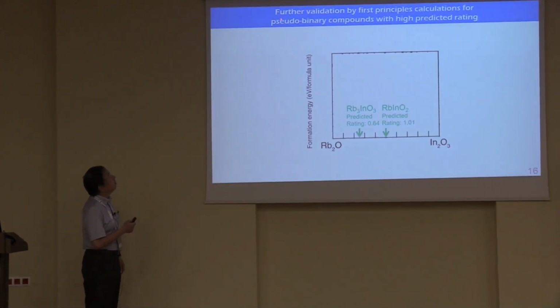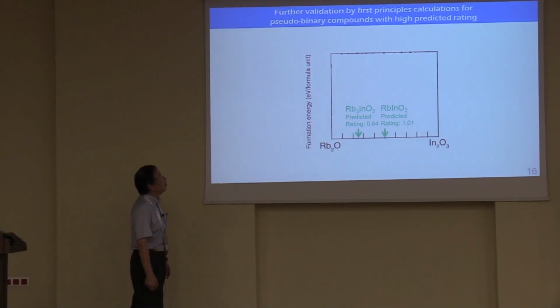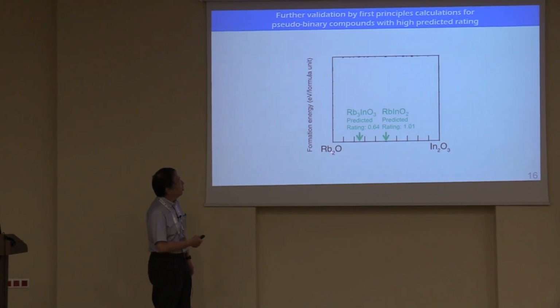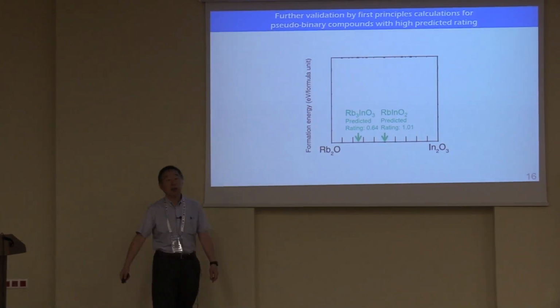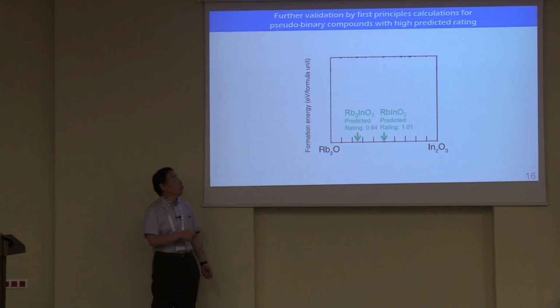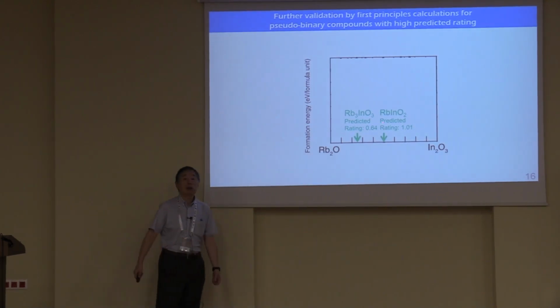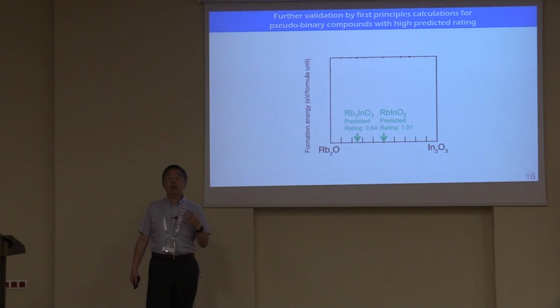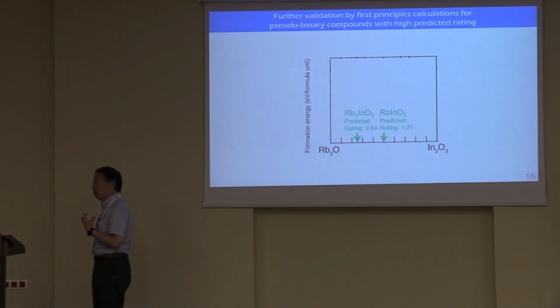This is a further investigation by first principles calculation for pseudo-binary compounds with high predicted rating. In rubidium oxide, indium oxide, we found two pseudo-binary compounds which show quite high predicted rating, but they were not yet reported by experiment.